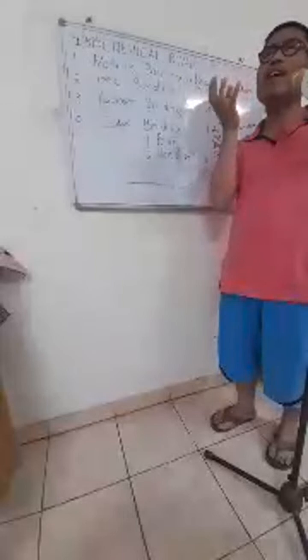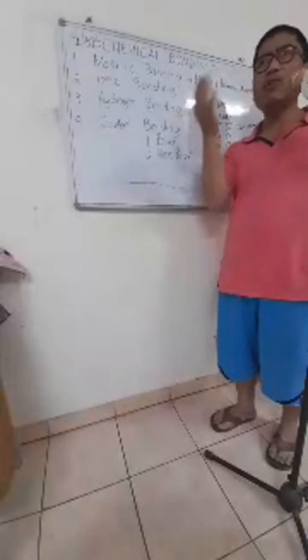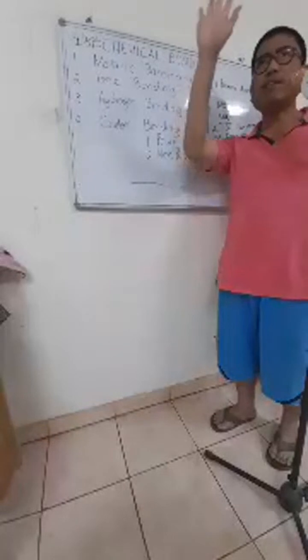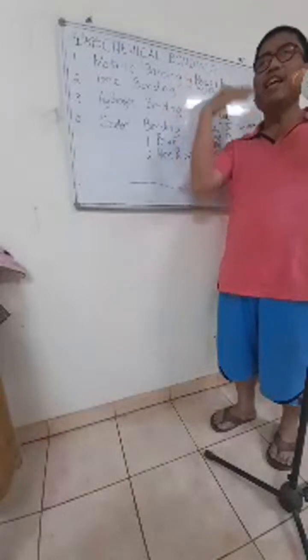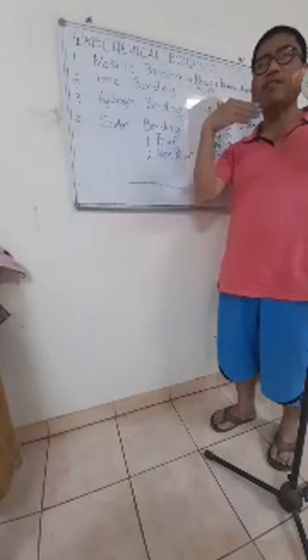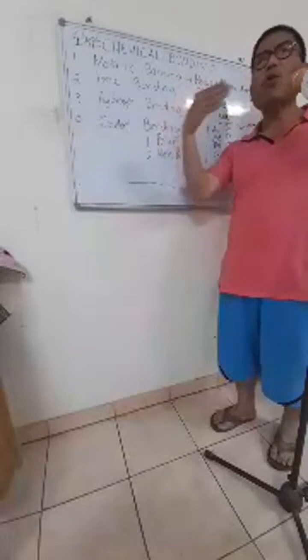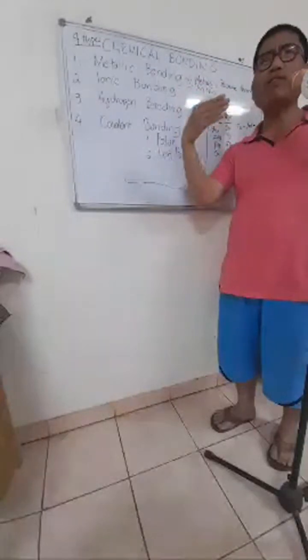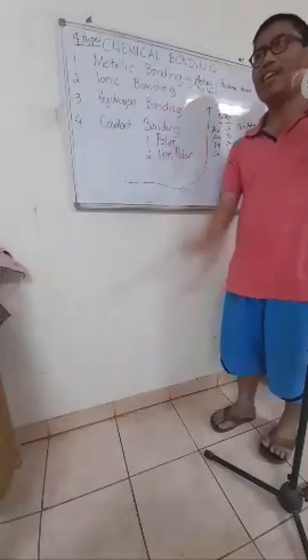But if you only say copper nitrate, it's not possible because there's two charges, the positive 2 and the positive 3. So it's a bit confusing. Okay, if you use positive 2, it is cuprous. If you use positive 3, it is cupric. Then you will say cuprous oxide, cupric oxide, but you never say copper oxide because there's two variations, two versions like that.